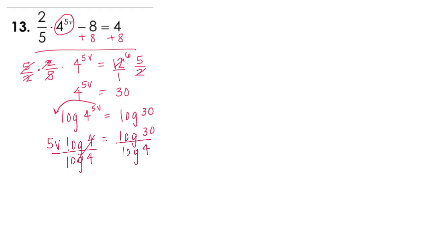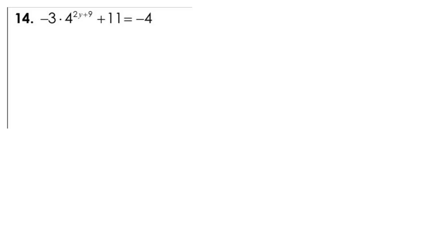Okay, and so we have 5v, and again, you can do your change of base formula here to save you some writing. And then we're going to divide both sides by 5. And you're finished. Just type this portion in your calculators.